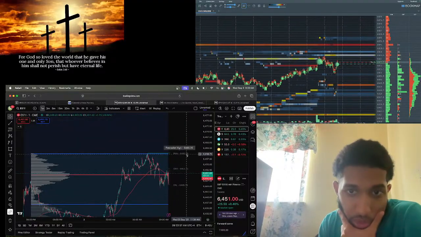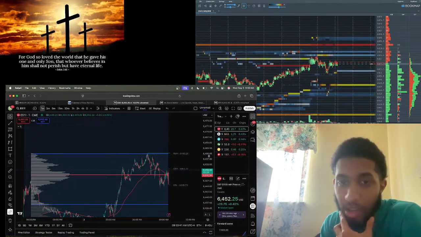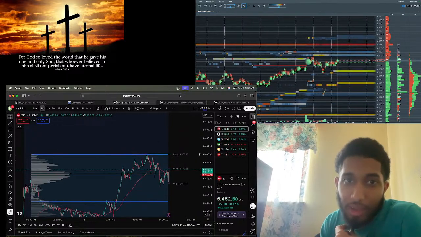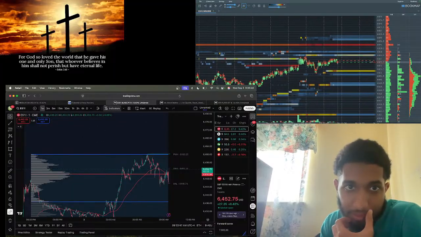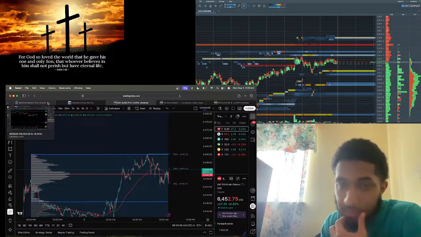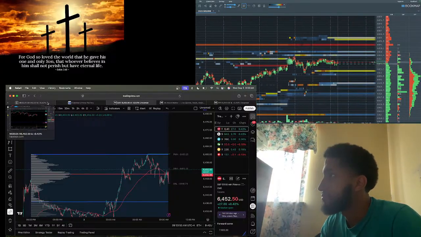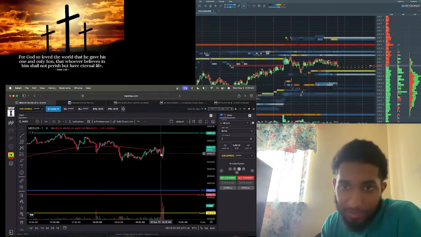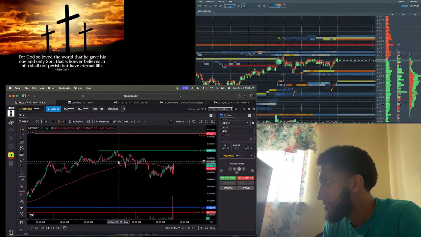Oh shoot, the value area high in the pre-market lines up with the pre-market high. That could be a little trade right there. Look at that. This is SPY, this is my tick chart. Where's the big boys? They're right here, look.